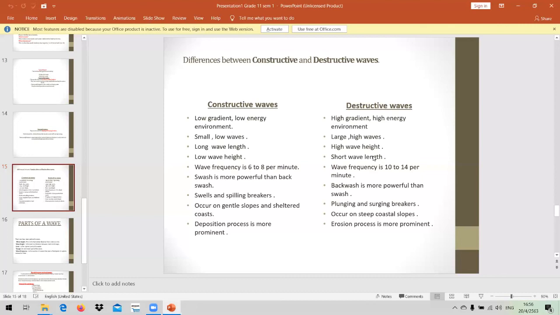Remember the other one has 6 to 8 per minute, and this one is 10 to 14. So you can see that. The erosion process is more prominent with destructive waves, and on the other side, the deposition process is more prominent.